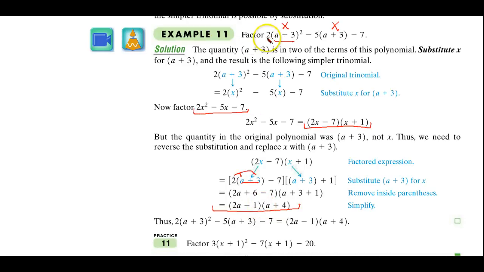We use the substitution technique, where we take our factor as x and then factor that simplified form and then substitute the value for x back in there and then follow through. And you'll have perhaps some practice on this as well.